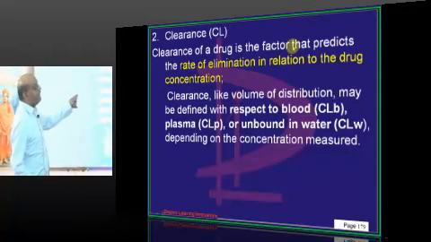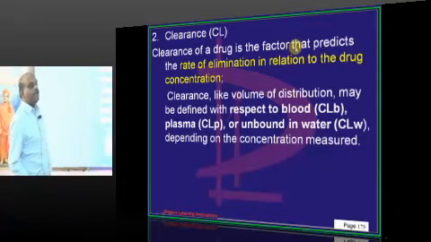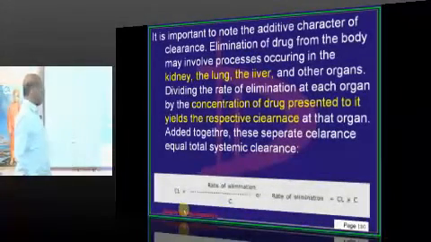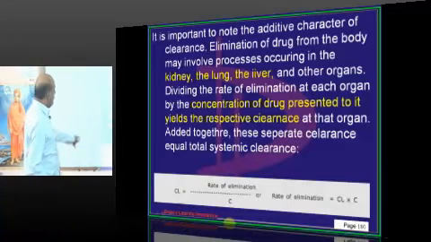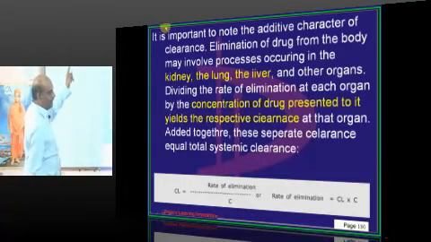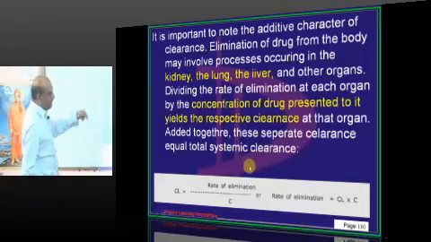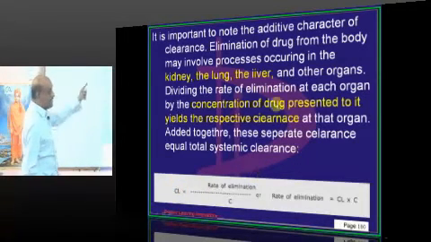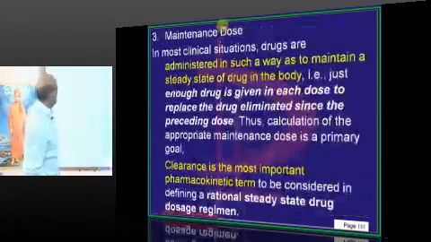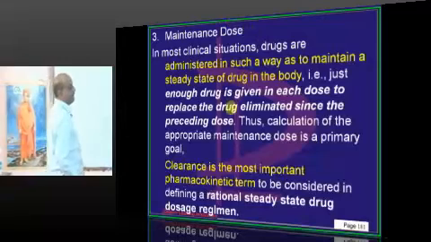So the rate of elimination of a drug in relation to the concentration of the drug is called clearance. How do you calculate clearance? If the concentration is low, clearance is high. If the concentration in plasma is high, clearance is low. If the rate of elimination is high, clearance is high. So clearance is equal to rate of elimination divided by the concentration, a simple formula.